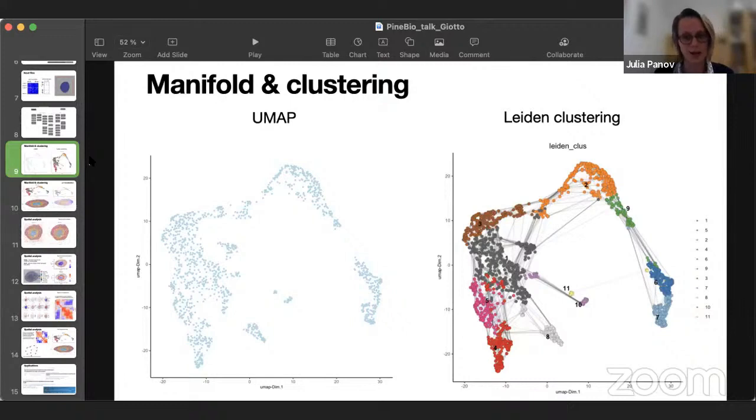So by using many different methods, you can find different things, sometimes it's trajectories that you're interested in, sometimes it's clusters that you're interested in. So we always try to recommend using as many methods as you can to look at the data from different sides.